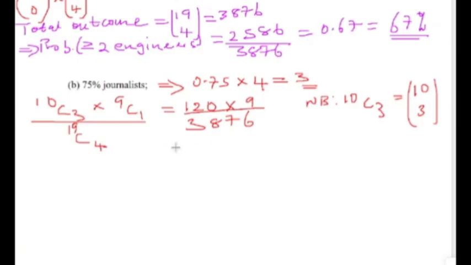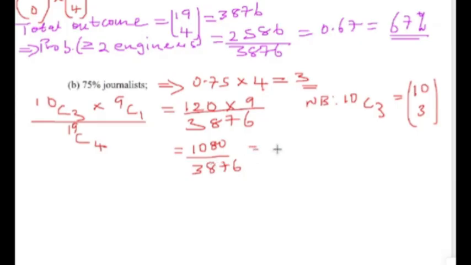So this will give us 120 times 9, 1080, divided by 3876. We can decide to reduce this. Those are even numbers, so let's try to make it smaller.